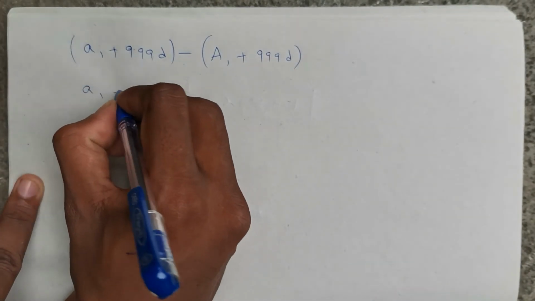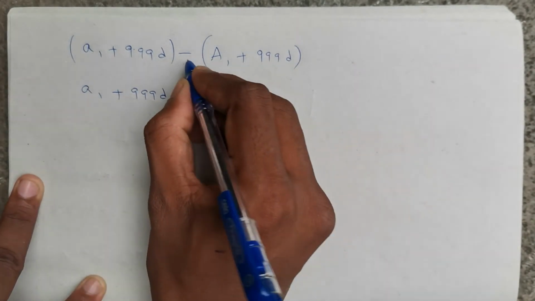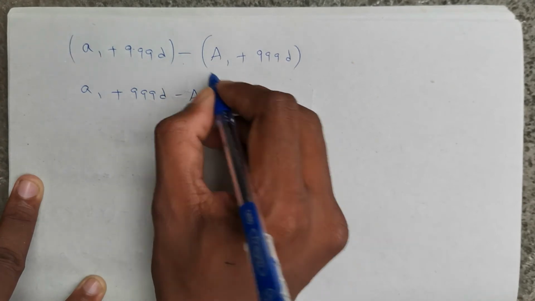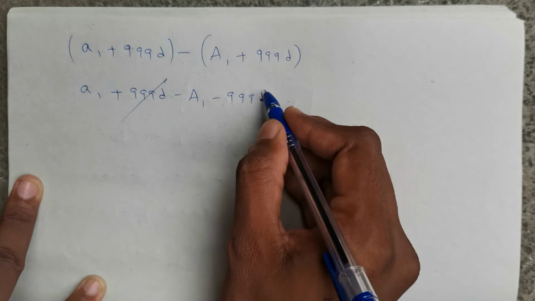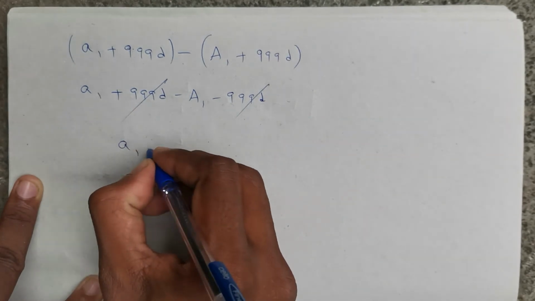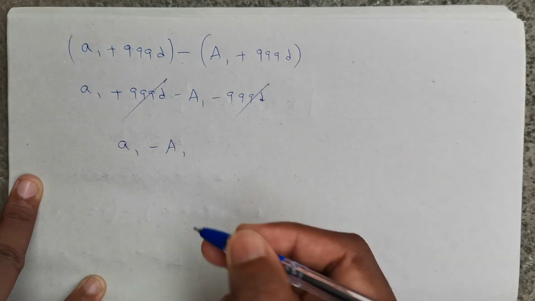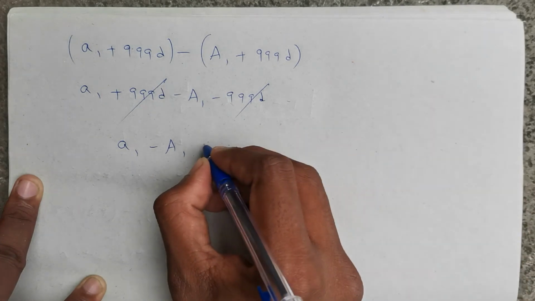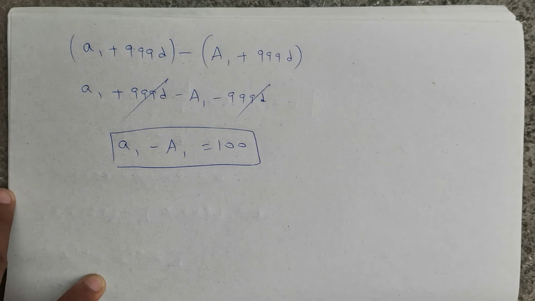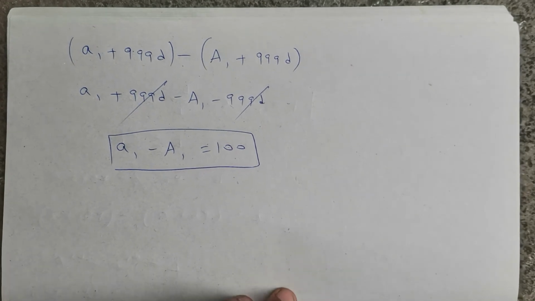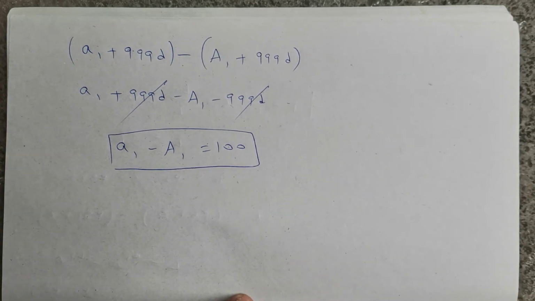If we expand it, a1 plus 999d minus into A1, minus into plus 999d. So here plus 999d minus 999d will get cancelled. So we remain with a1 minus A1. So already we know a1 minus A1 value is exactly equals to 100. So the difference between their thousandth terms is 100.